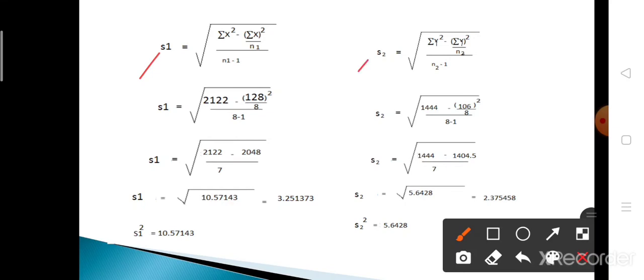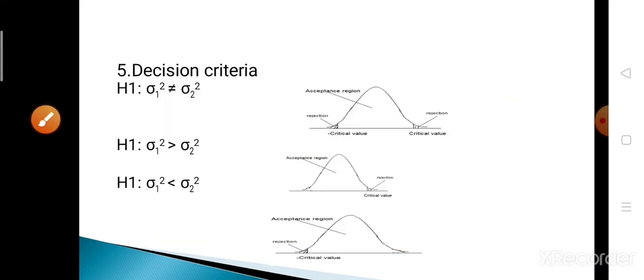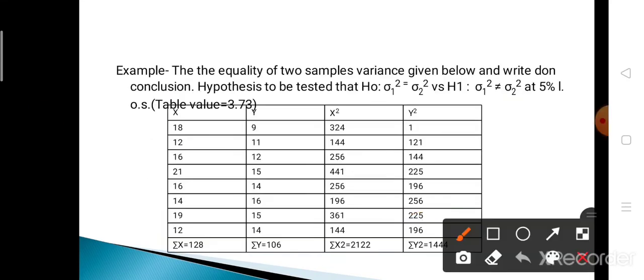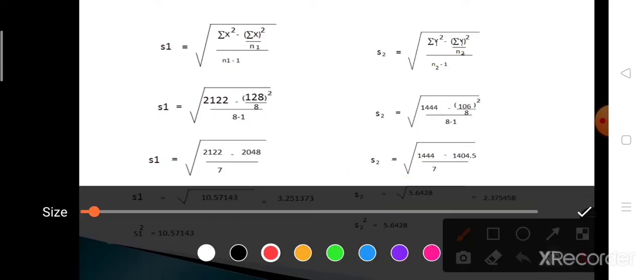So S1 formula is square root of summation x square minus summation x whole square divided by n1, whole divided by n1 minus 1. What is summation x square? Summation x square is 2122. What is summation x? 128. And here we are given total 1, 2, 3, 4, 5, 6, 7 and 8 observations. So n1 value is 8. Just plug all the values in the formula of S1.